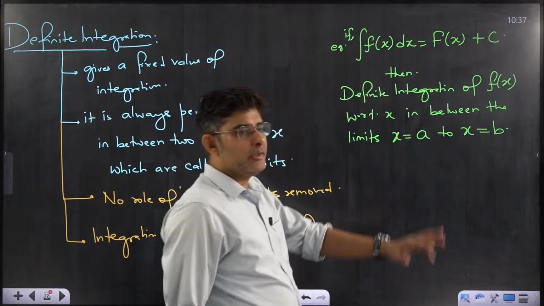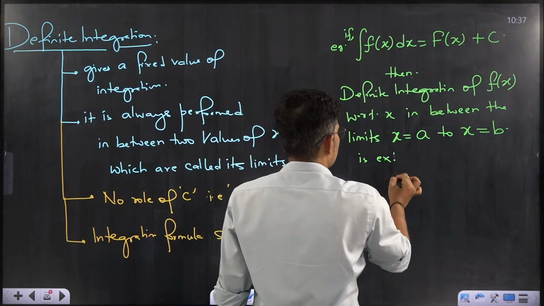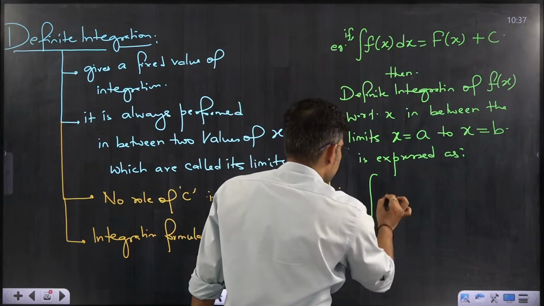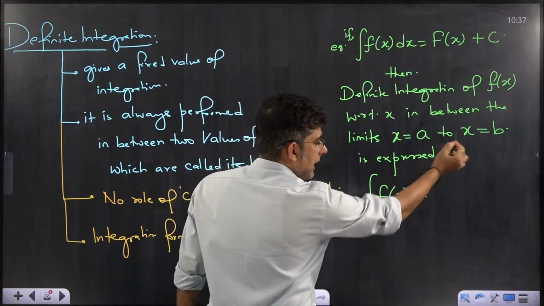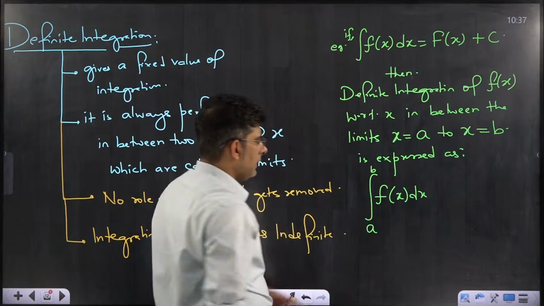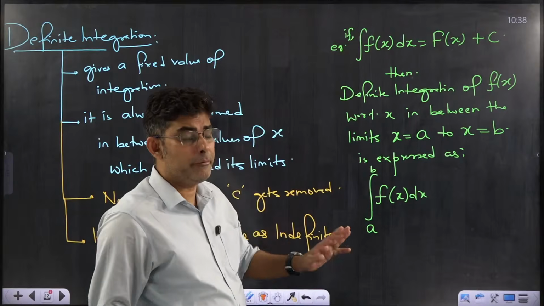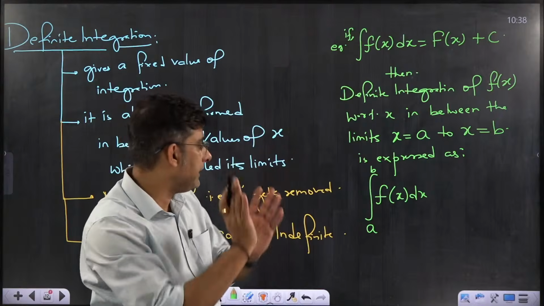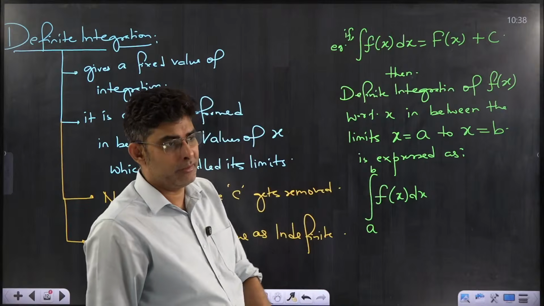Suppose I am taking two values a and b. It is expressed as the same expression, but now whenever we have limits, we will put the limits of x like this. This a will be called the lower limit, this will be called the upper limit. Whichever interval you are finding the integration in, you have to integrate in that particular limit only.